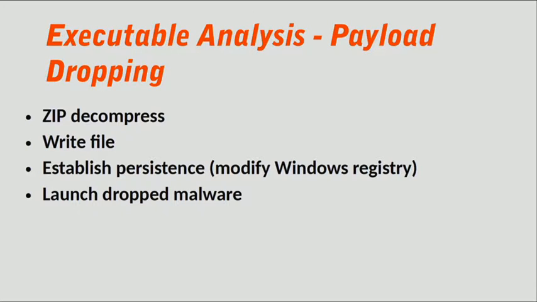Okay, so once it's running under the Winword process and has decrypted those strings, it does zip decompression, then it writes a file, it establishes persistence by modifying the Windows registry, and then it launches the dropped malware.